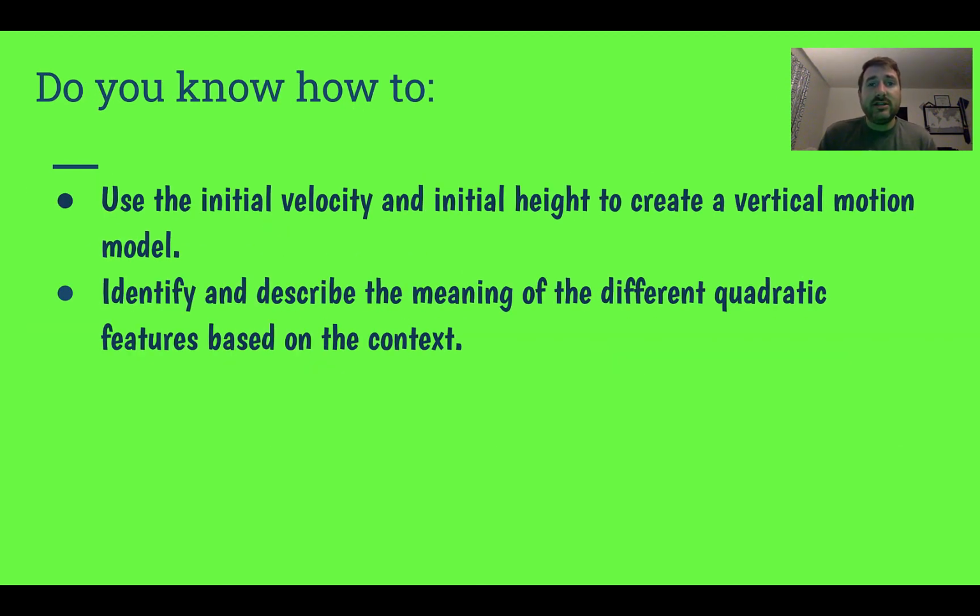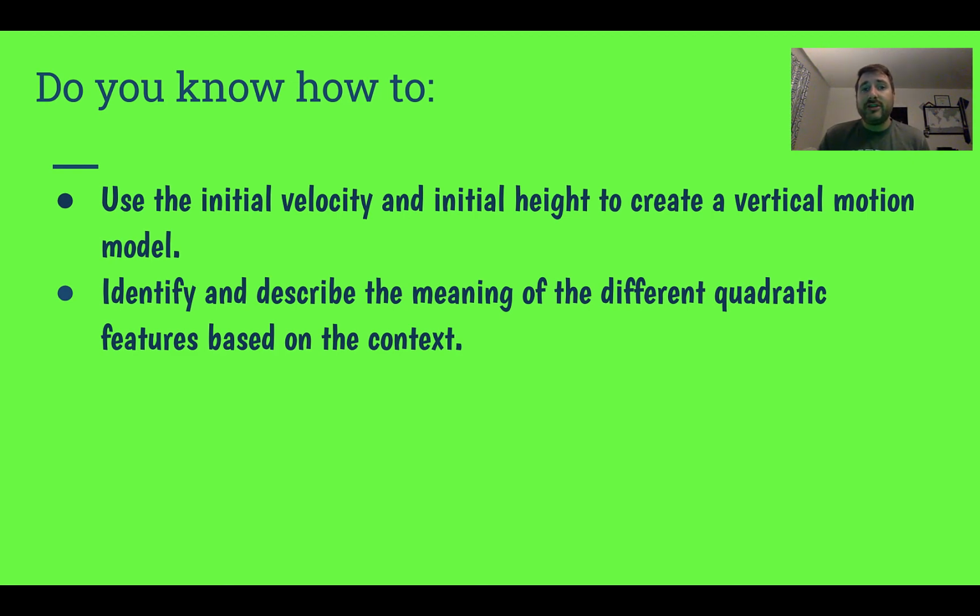So after this lesson, do you now know how to use the initial velocity and initial height to create a vertical motion model? And can you identify and describe the meaning of the different quadratic features based on the context?